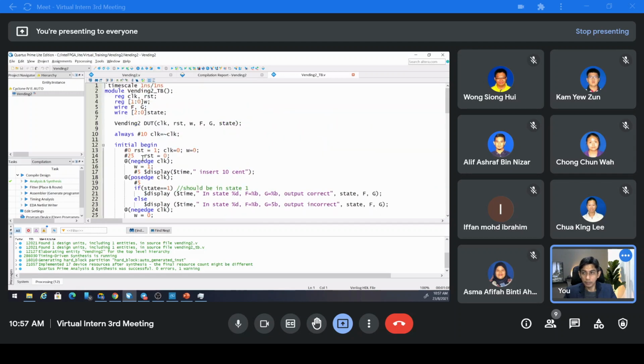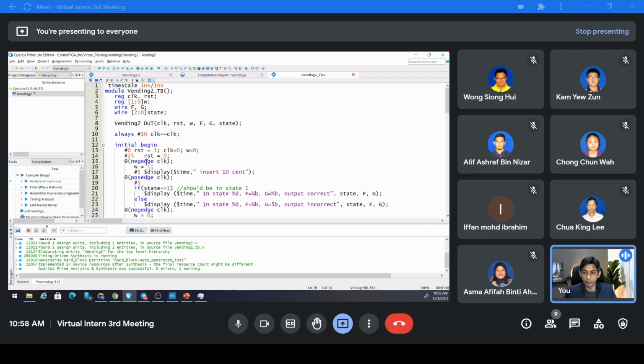We have a little bit different from what we had last week, where now our circuit has a clock, and the good thing is that we can refer the time to the clock in this case using this.